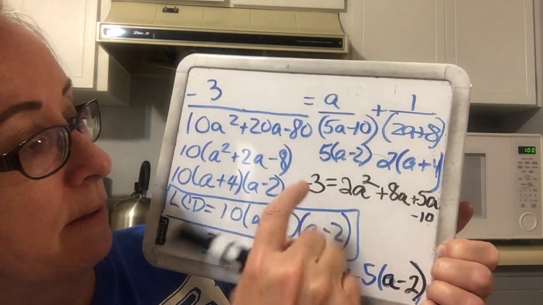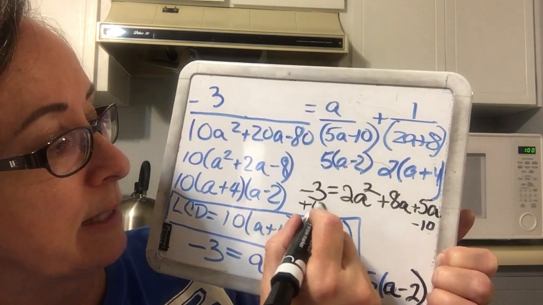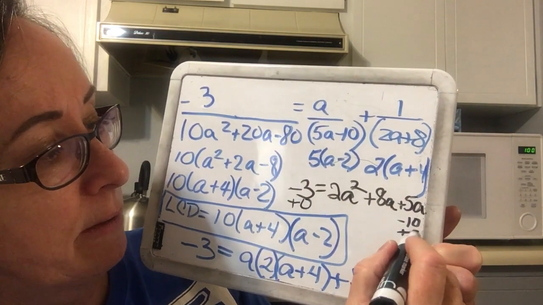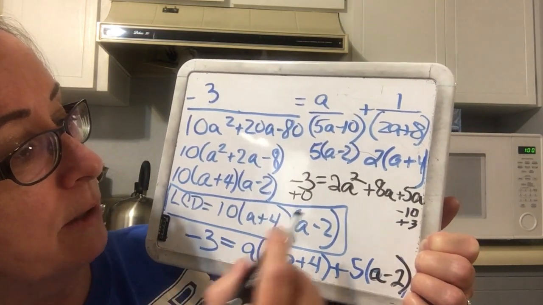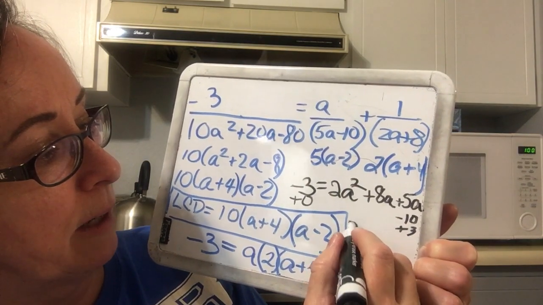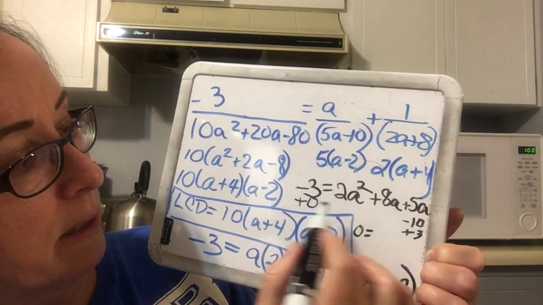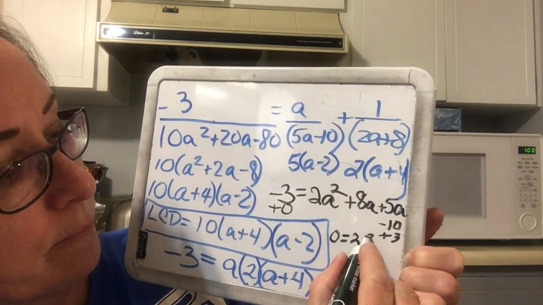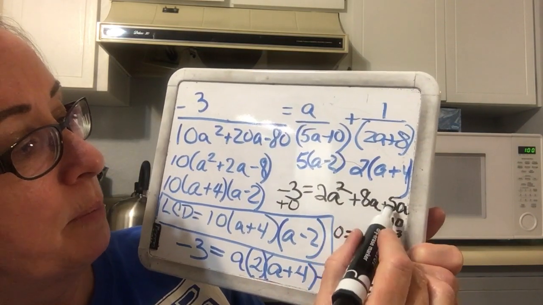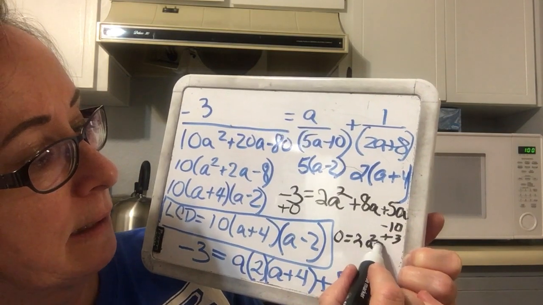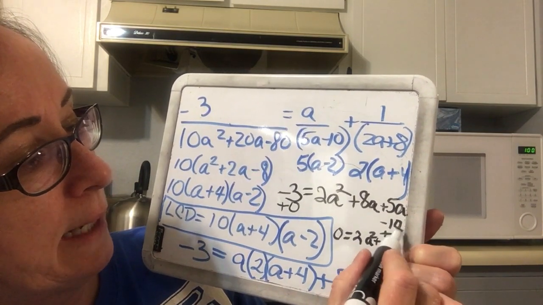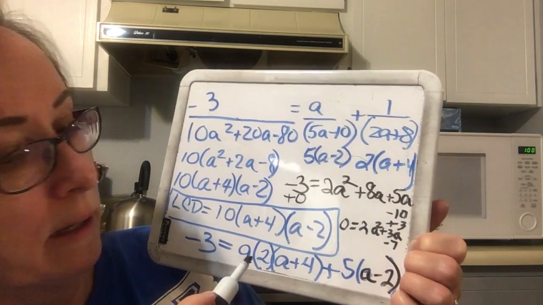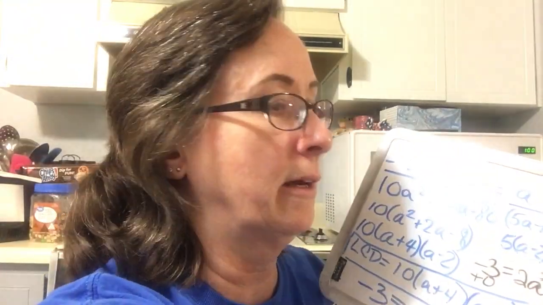So I'm just going to add a 3 to get my 0 on this side, and add a 3. So that's going to wind up being 0 equals 2a squared, and then plus 13a, and then minus 7. Okay, so let's factor that on a different board so that we can see it.